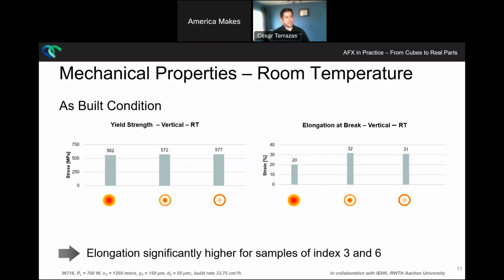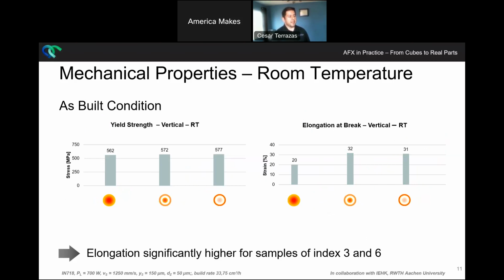The interesting part is that once the components are produced, and if you assess the mechanical properties normally measured, the yield strength, elongation, and the tensile strength, or the UTS, what you see in the as-built condition is very comparable results, which is to be expected just because you're using a beam that has similar diameter, regardless of the mode.